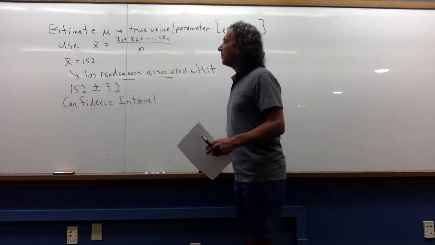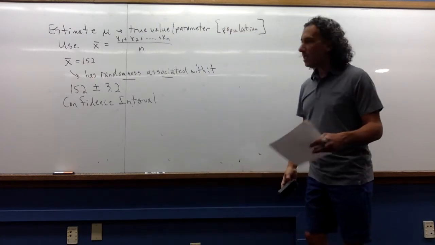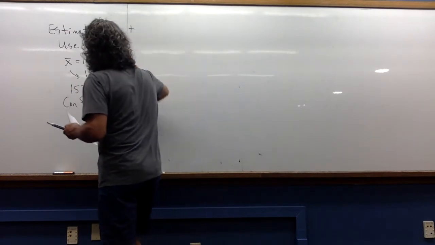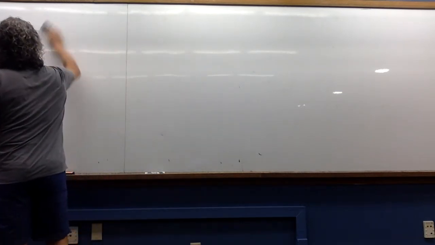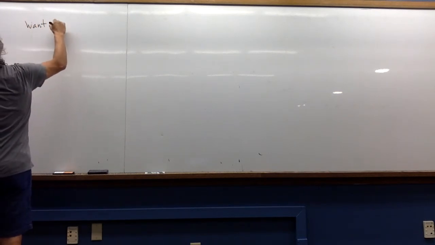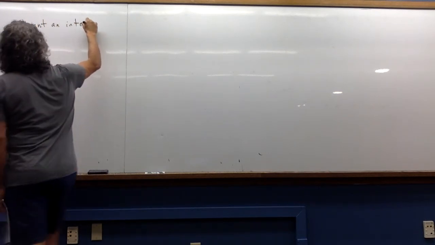So how are we going to come up with this confidence interval? Well, let me be very specific about what I'm looking for, and then we'll derive the confidence interval formula. So I want an interval with the following property.